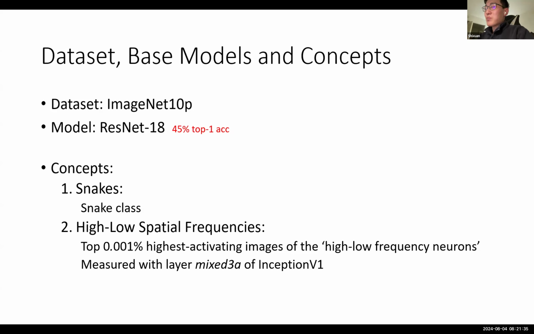But anyway, some deep learning models are really good at distinguishing this kind of feature. So the authors use the Inception V1 model to detect this and select the top 0.001% highest activating images as the instances with the concept.